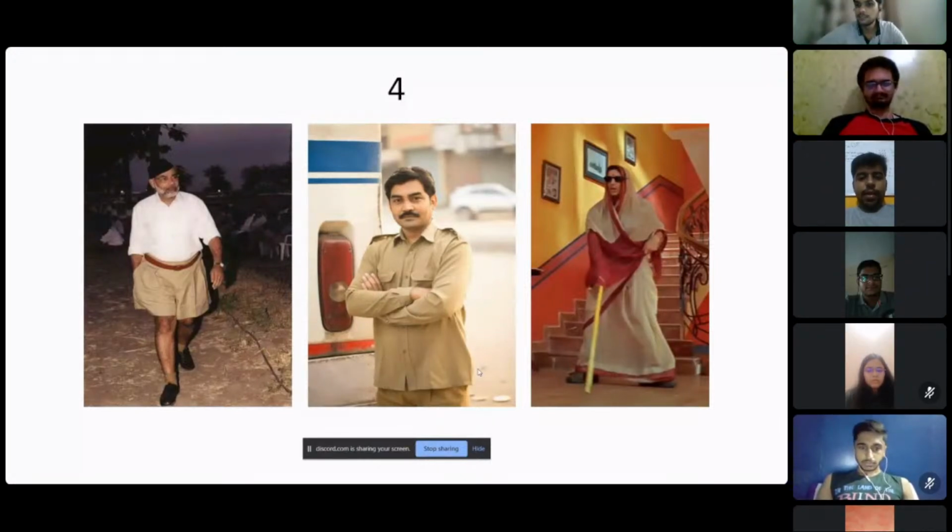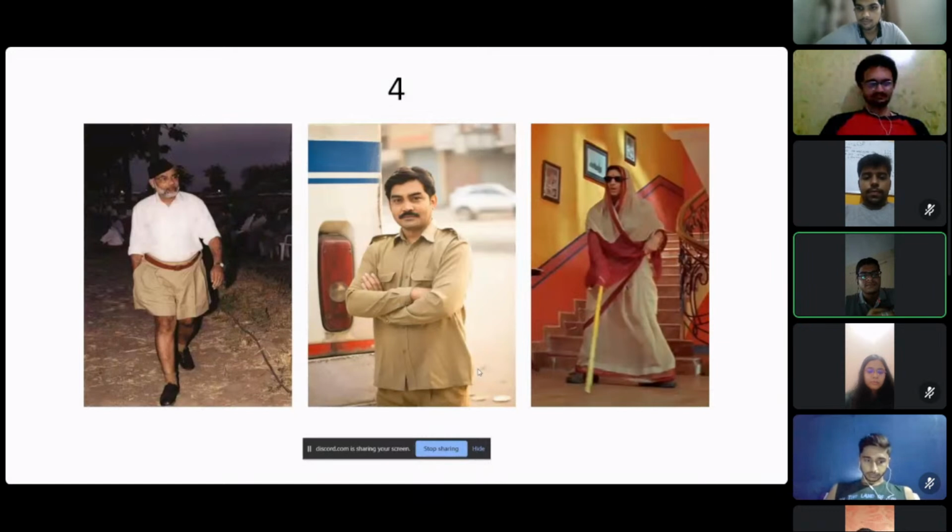Participant 1: the uniform of the Rashtriya Swayamsevak Sangh was converted from shorts and t-shirts to full pants. Please say pass if you don't want to answer. I'm answering. Okay, your answer is incorrect. Participant 2. Participant 3: pass.